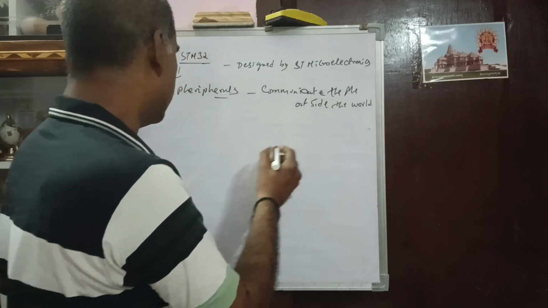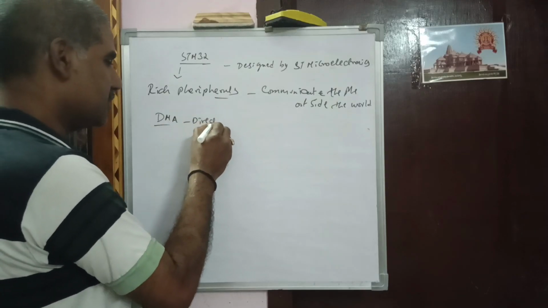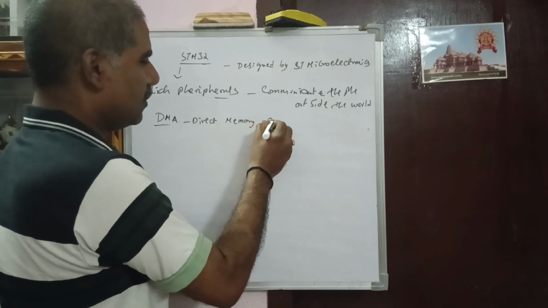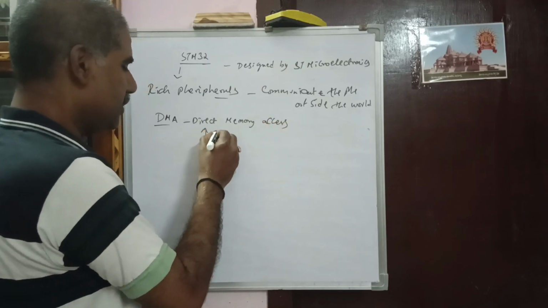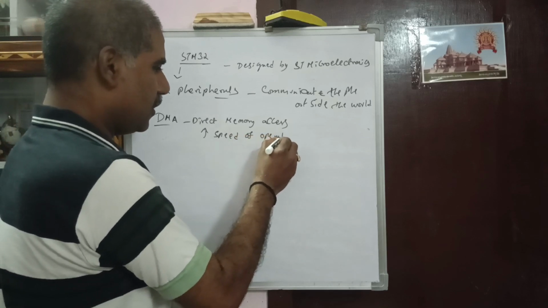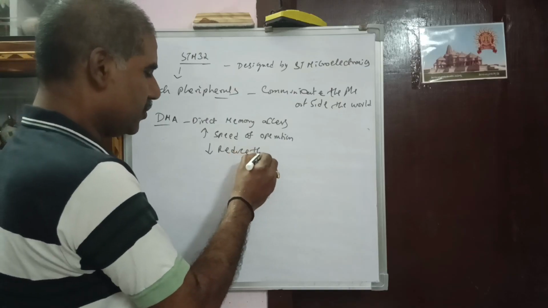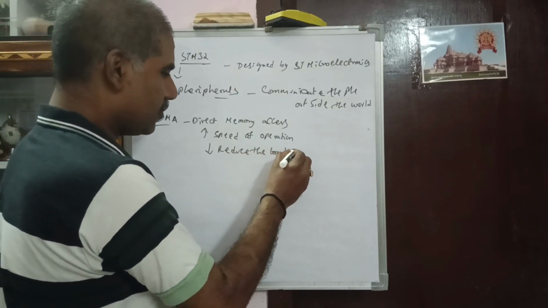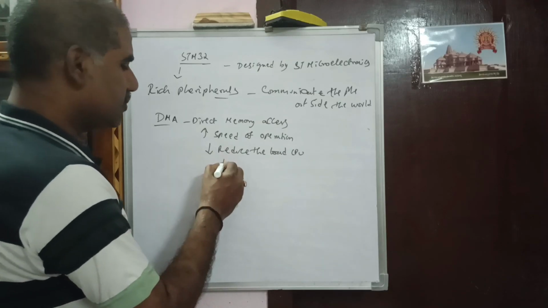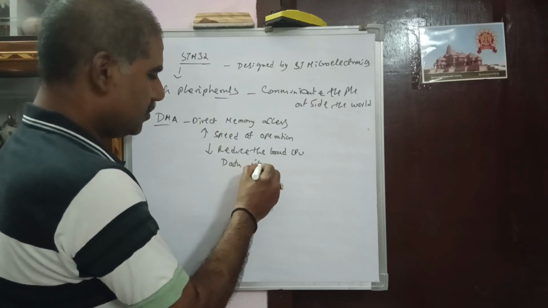First one is DMA, which you already know, direct memory access. It increases the speed of operation as well as reducing the load on the CPU. It is used to transfer data within the peripherals.